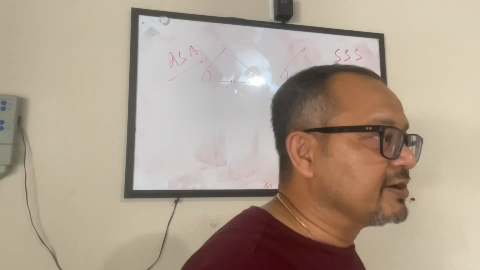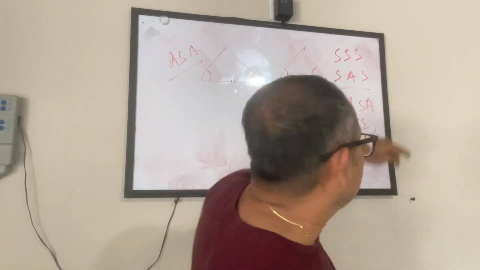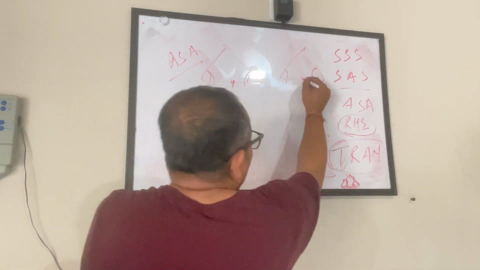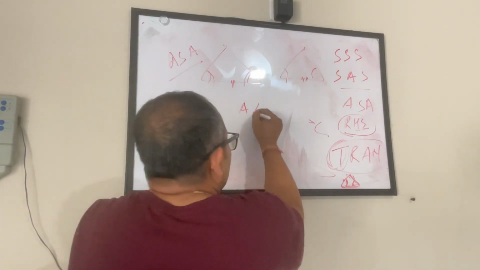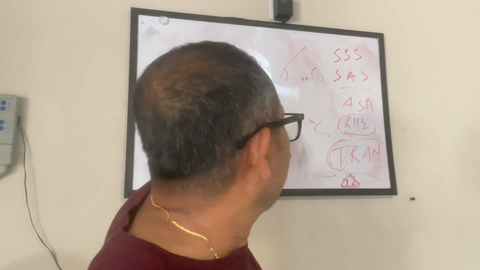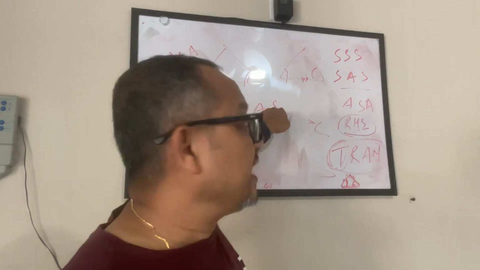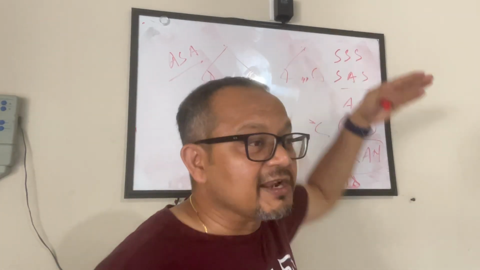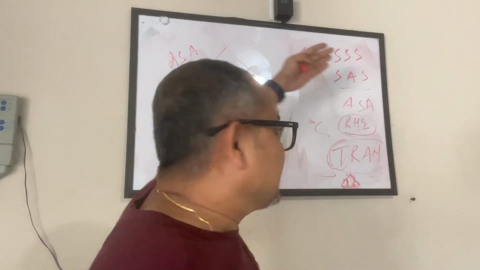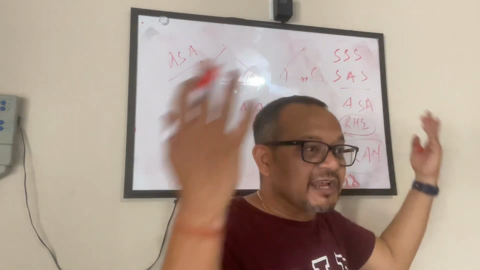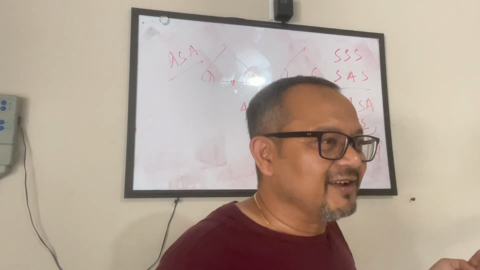And do you guys know why? Ideally, the theorem says mathematically that two angles and the side between them have to match. I am saying that this also is correct. Any two angles and any of the sides matches, it will be fine. They will be congruent. Why? Because if two angles are matching, the third angle has to match by default. Yeah? And if the three angles are matching, be it any side, there will be a side between two angles which are matching anyways.